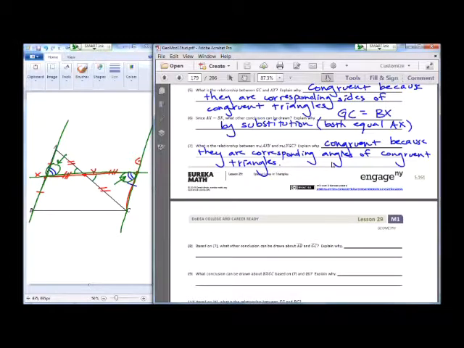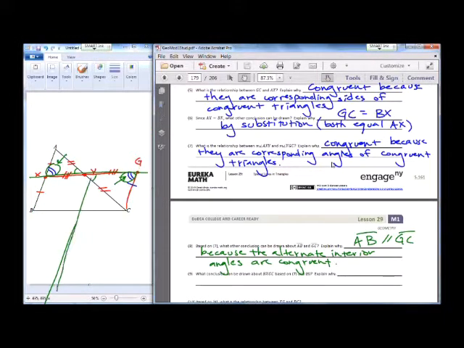And if the alternate interior angles are congruent, then the lines must be parallel. I will draw on the diagram. And then I will look at this quadrilateral right here. Notice that these two sides are both parallel and congruent, and we proved before that that is a property for parallelograms. And so this quadrilateral down here must be a parallelogram.